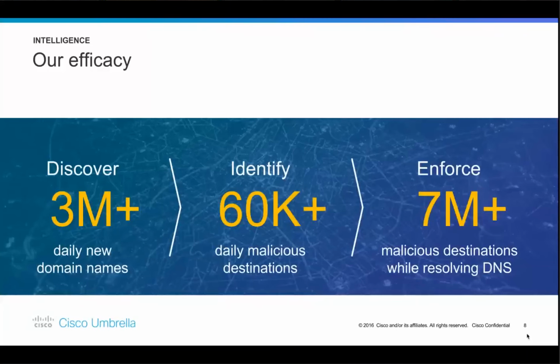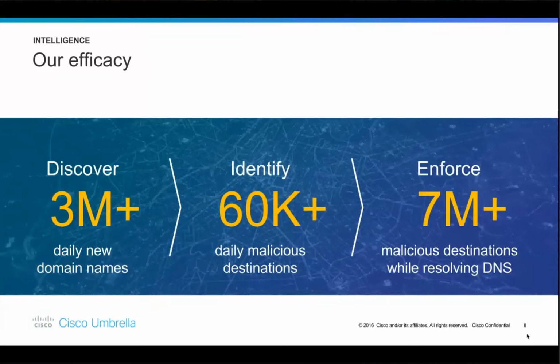When you break down the efficacy, we're seeing over 3 million new domains every single day. Out of those 3 million new domains, we're blocking over 60,000 new malicious domains every day. And at any given time, the solution's blocking over 7 million malicious destinations.